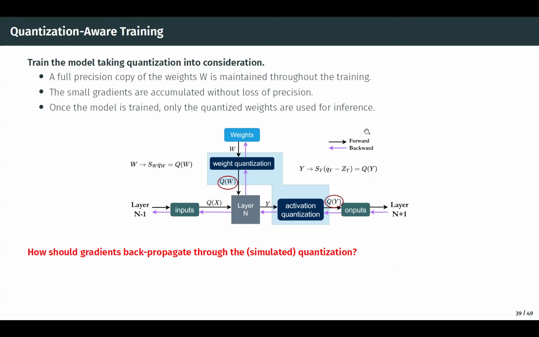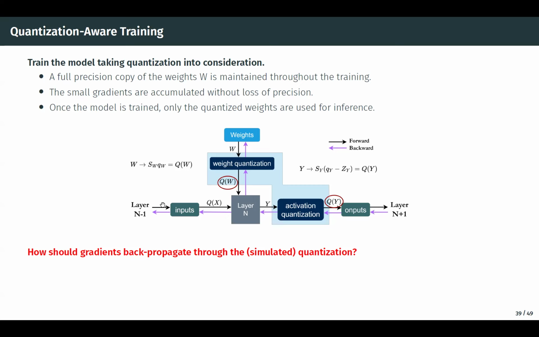This is the process. We have a fully pre-trained model. Mostly we start with an already trained model, but you can also do this from scratch. We are using these gradients to find the loss of precision.